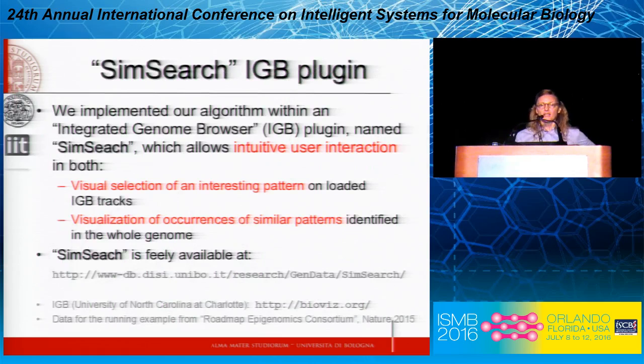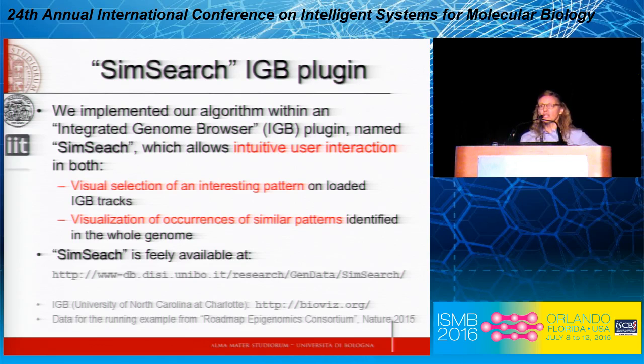Finally, as I said, we implemented our algorithm within an integrated genome browser plugin that we named SimSearch, which allows intuitive user interaction, both in visual selection of interesting patterns on loaded IGB tracks and in visualization of occurrences of similar patterns identified in the whole genome.